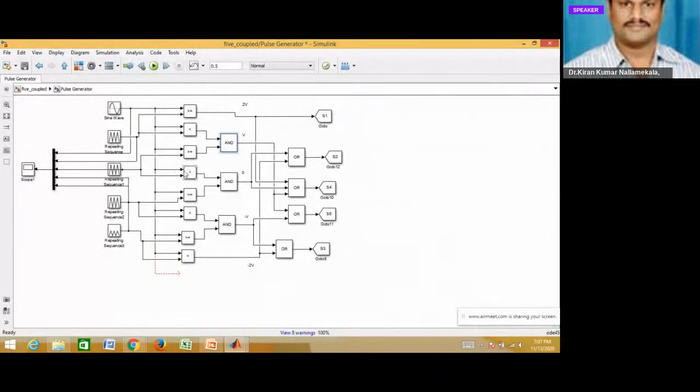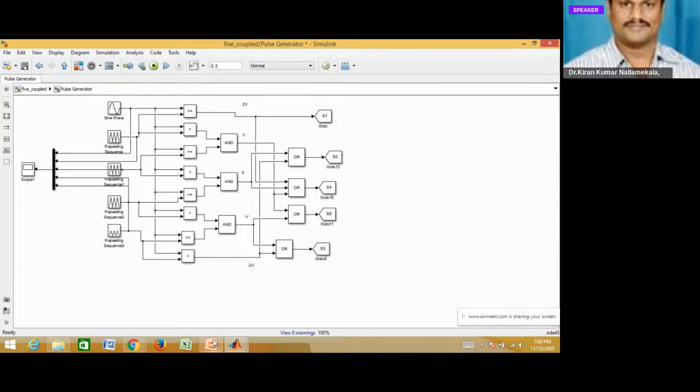If the sine wave is less than the second carrier wave and greater than the third carrier wave, this is taken as 0 voltage level. If it is less than the third carrier wave and greater than the fourth carrier wave, that is taken as minus VDC, and if it is less than the last carrier wave, then it is taken as minus 2 VDC. This is the logic we follow.